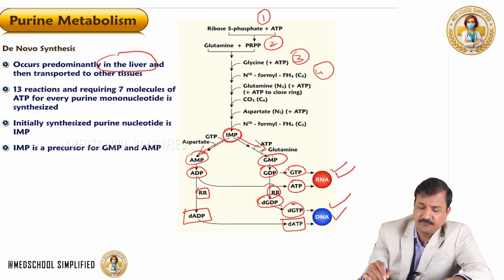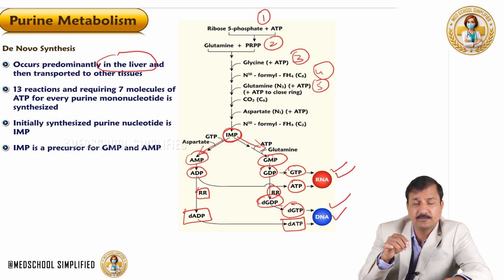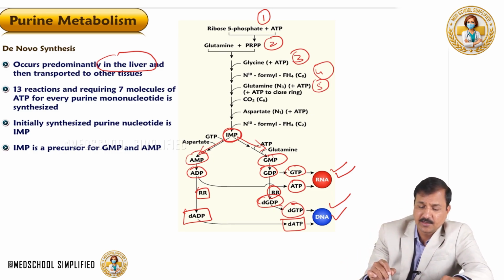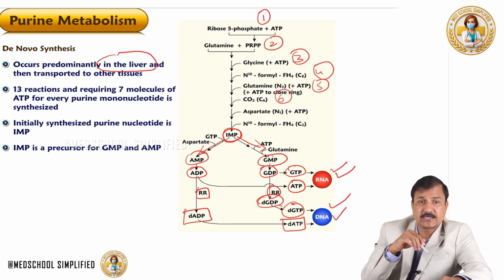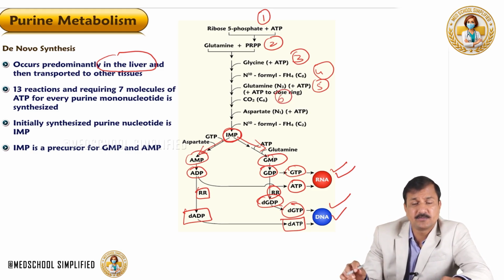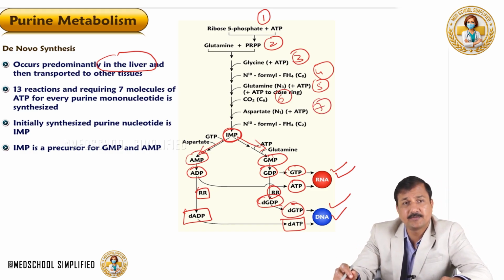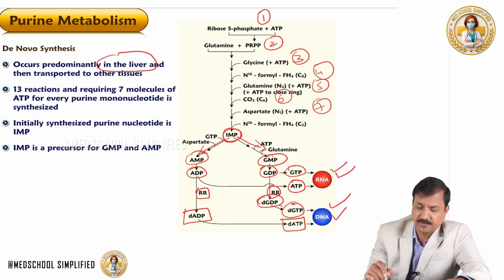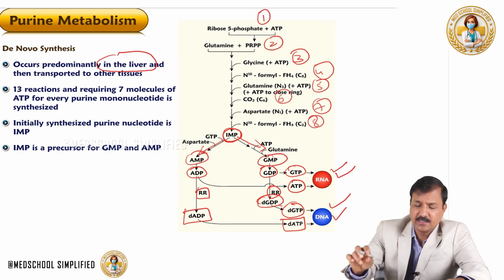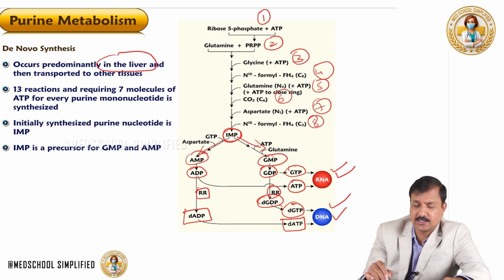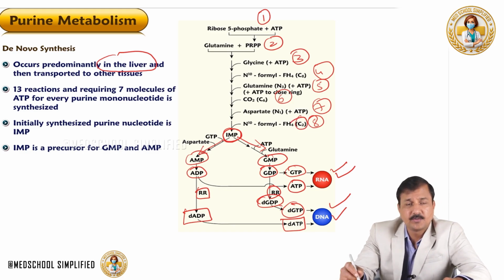Then the number 5 reaction, where one more glutamine comes in and gives N3 of the purine ring, and then there will be a ring closure. In number 6 reaction, carbon dioxide comes in and gives carbon number 6 in the purine ring. Number 7 reaction, aspartate comes in and gives nitrogen 1. And number 8 reaction, N10-formyl tetrahydrofolate comes in and gives carbon 2 of the purine ring.